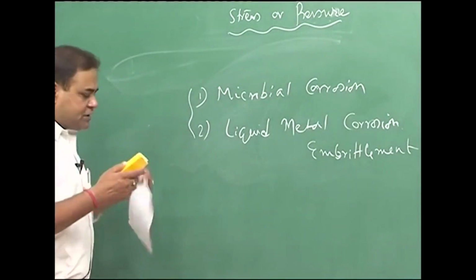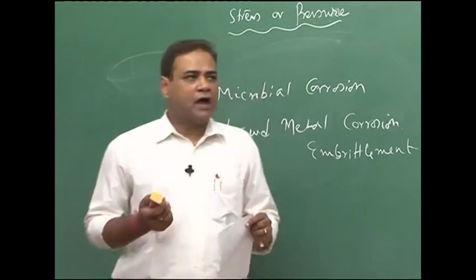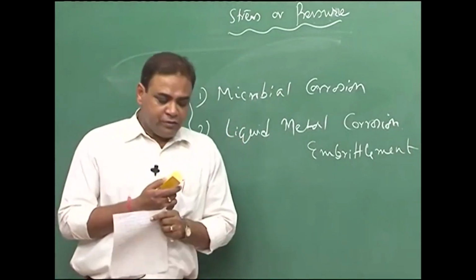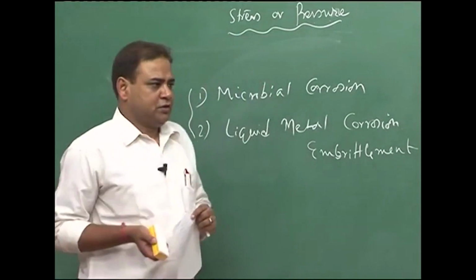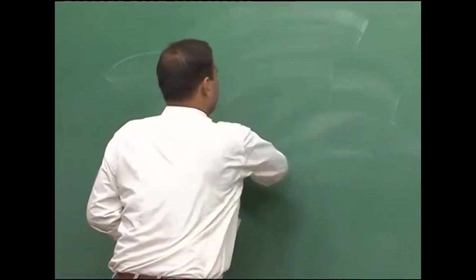Now, once we have discussed the different forms of corrosion in short and also the factors which can govern all those forms of corrosion, let us get into the individual forms of corrosion. First in the list is uniform corrosion.